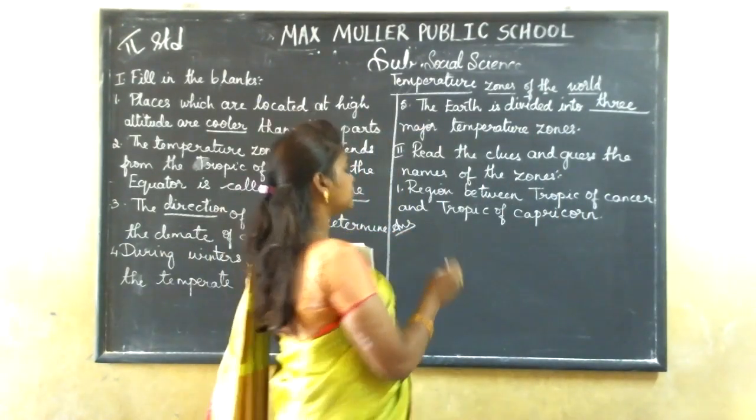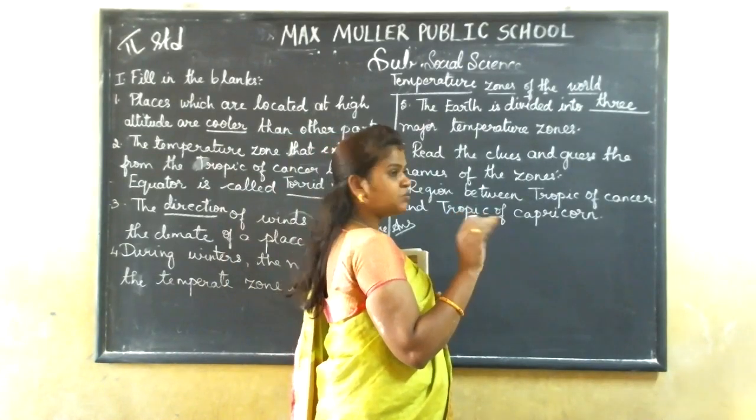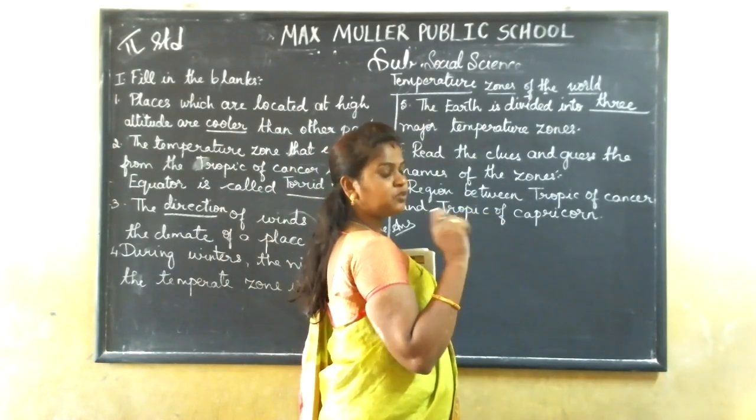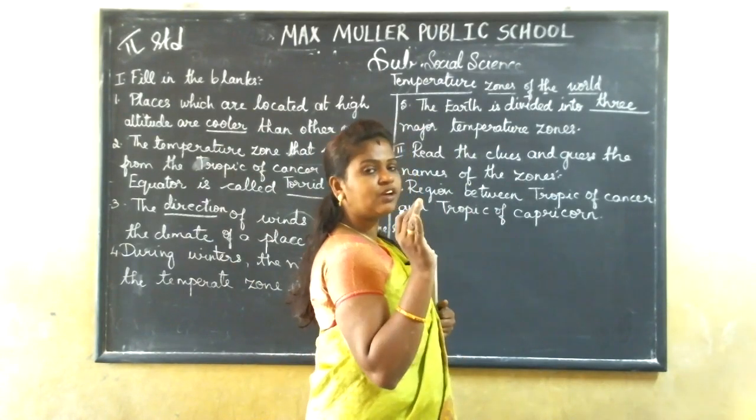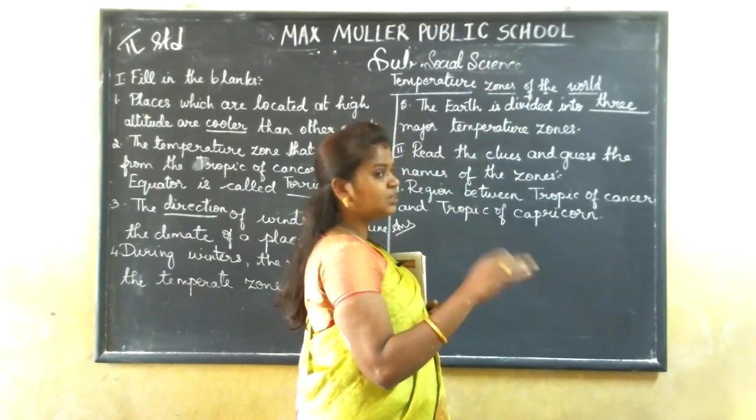So, children, I'm just going to draw a rough diagram. No need of drawing the diagram. For making you understand, I'm just drawing and explaining it. So, no need of drawing diagrams, what I'm doing on the board.